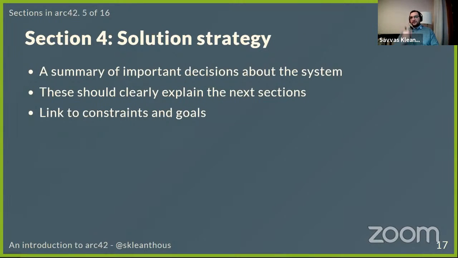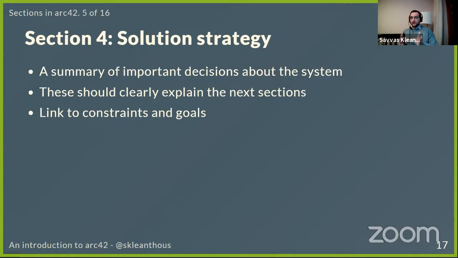Next up is the solution strategy. In the previous three sections, we have provided the context and some summary of the approach, all of the forces and interactions at a really high level. So how we see the system being used, basically.